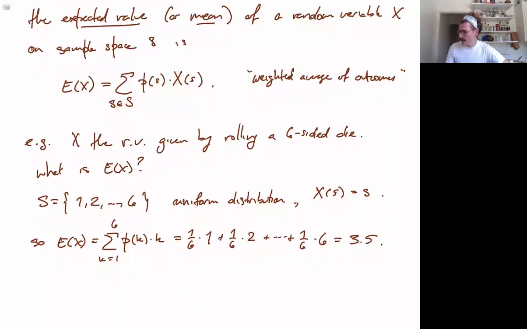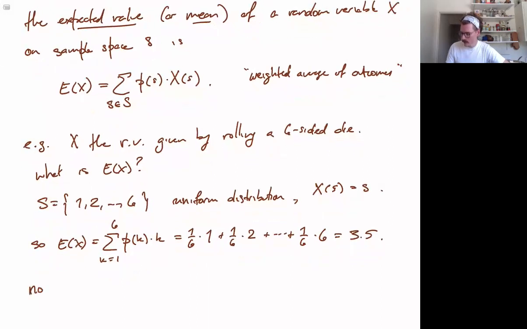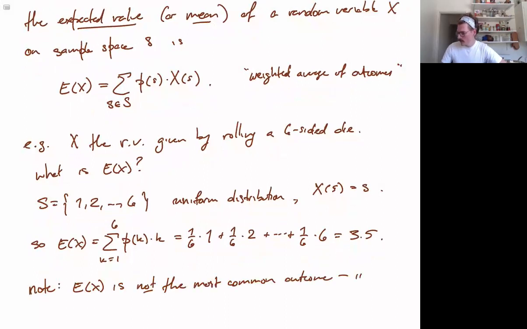So already in this example, note the expected value is not the most common outcome. In this example that we just did, it is not even a valid outcome at all.